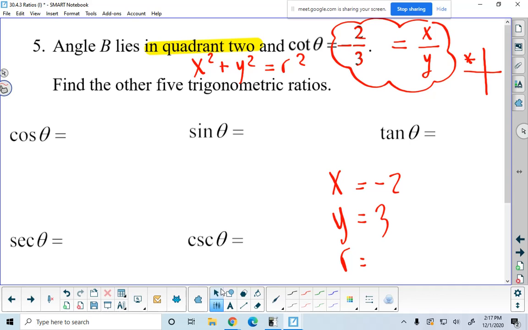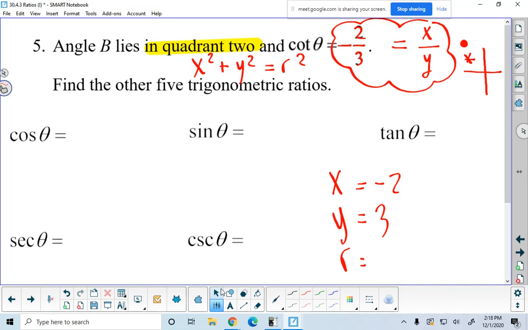But because the angle is in quadrant 2, and you can pick any point you want, you can pick this point here and tell me what you think the coordinates are. It will be a negative x coordinate and a positive y coordinate. So the reason x is negative is because it's in quadrant 2. Had I said it was in quadrant 4, then y would have been negative.